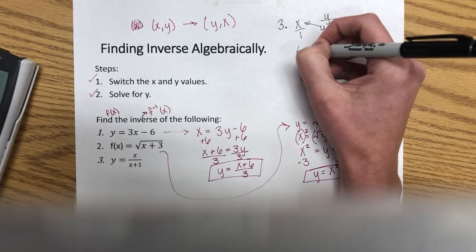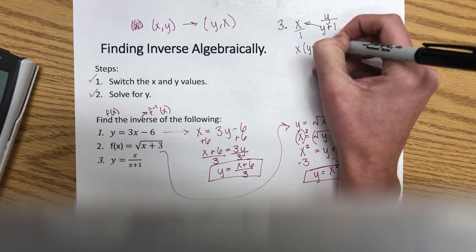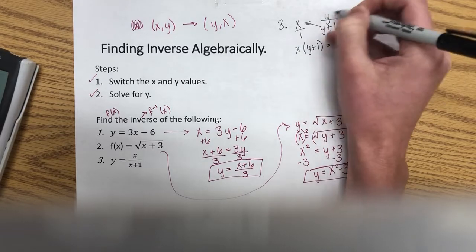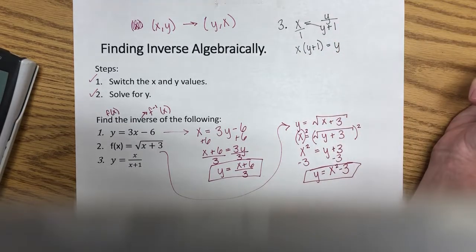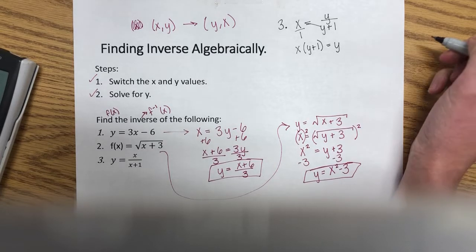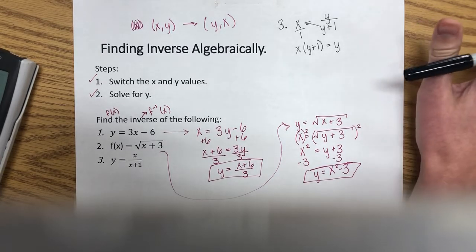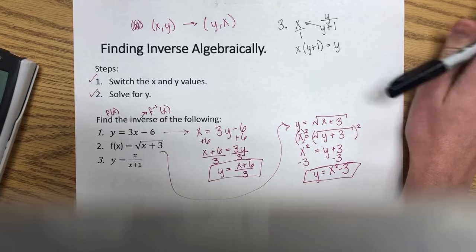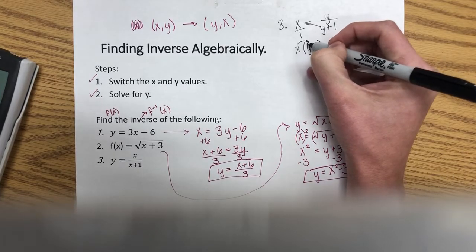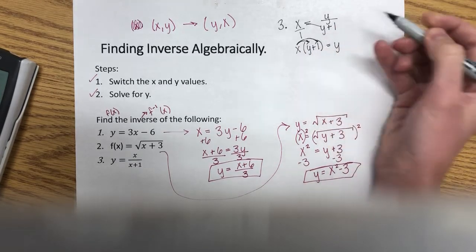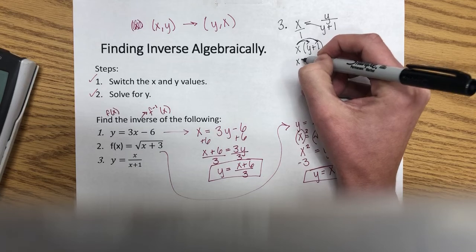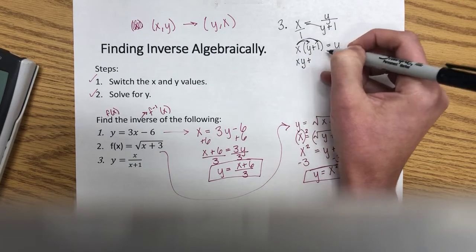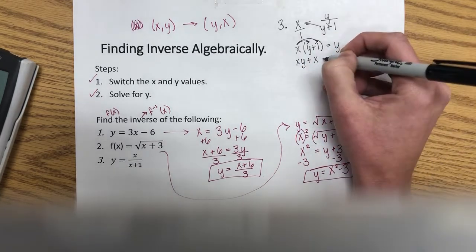So this would be x times (y plus 1), and this would just be 1 times y, which is y. We still have 2 y's, still some weird stuff going on. So next thing we want to do is distribute this x. So that gives us x times y plus 1 times x, which is x, equals y.